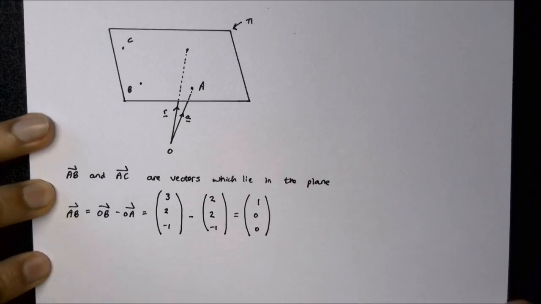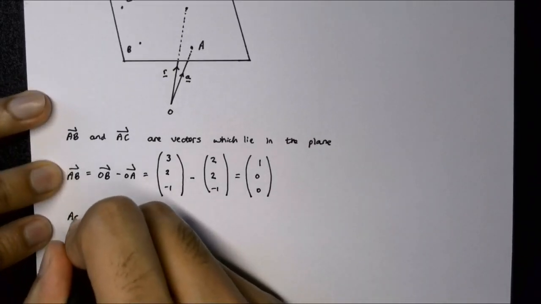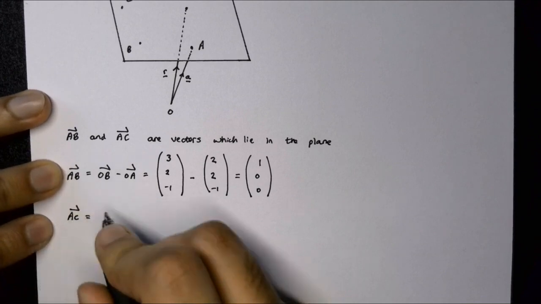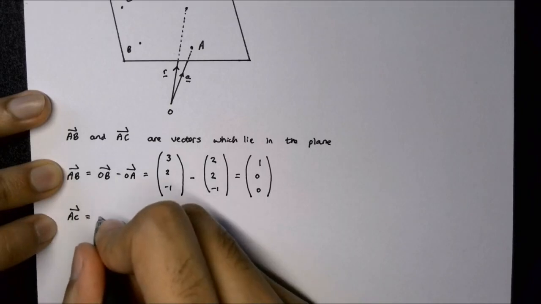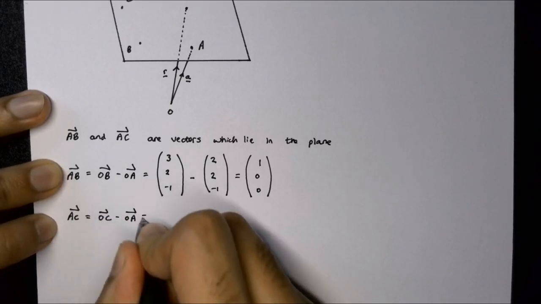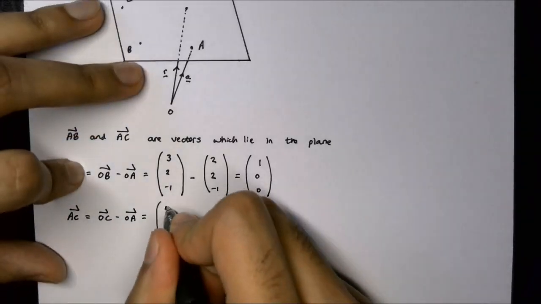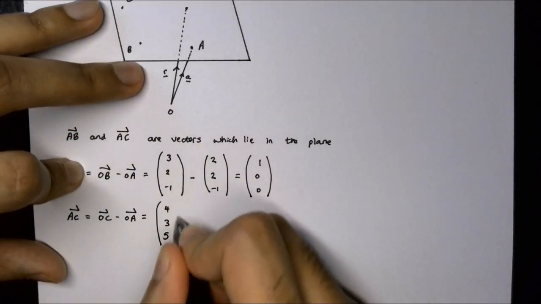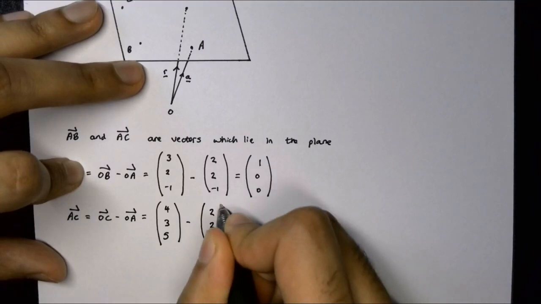And if we work out the vector AC, that's equal to the vector OC minus OA. So we've got the vector OC, which is 4, 3, 5, minus the vector OA, which is 2, 2, minus 1.